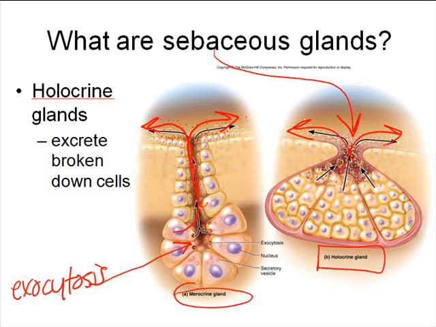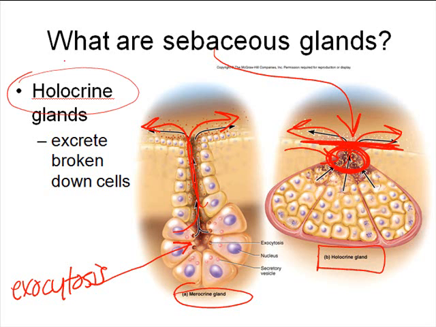Again, this can lead to bacteria colonizing near the opening of a holocrine gland. If that happens and they get blocked underneath the surface of the epidermis, that can lead to the formation of a pimple. So the difference here again, sebaceous glands are a type of holocrine gland where the whole cell breaks down and the cellular debris is released on the surface.